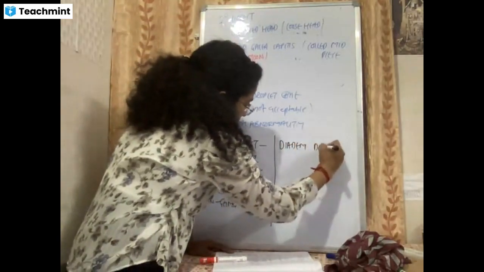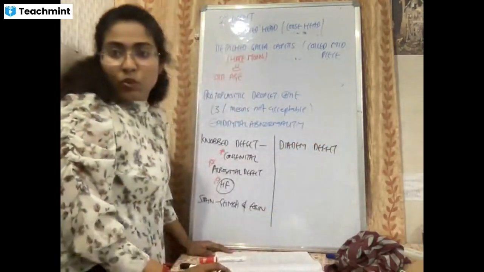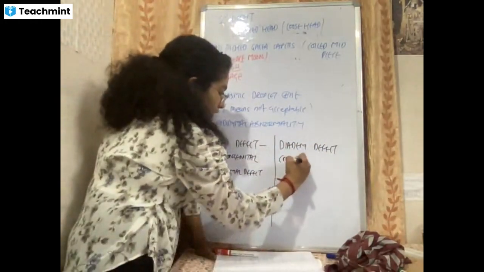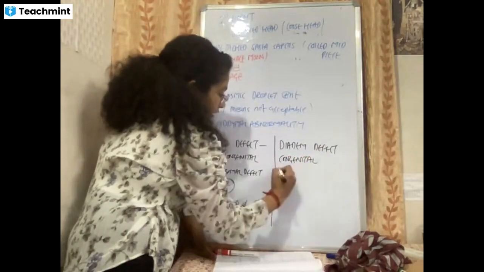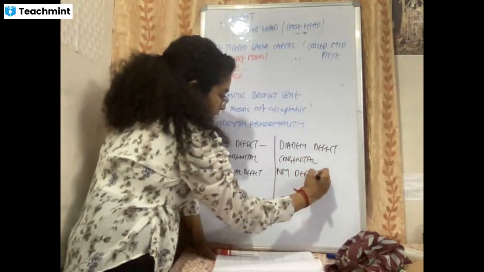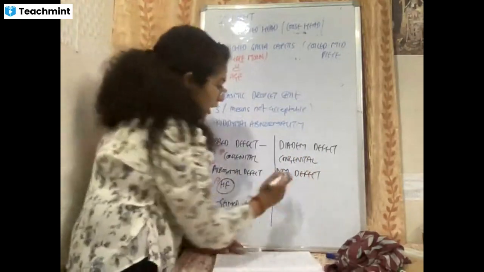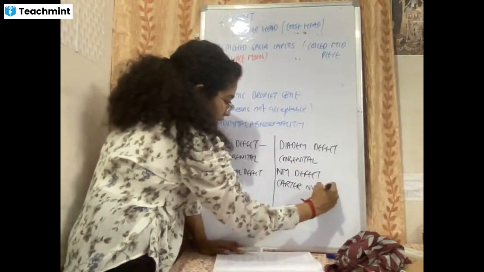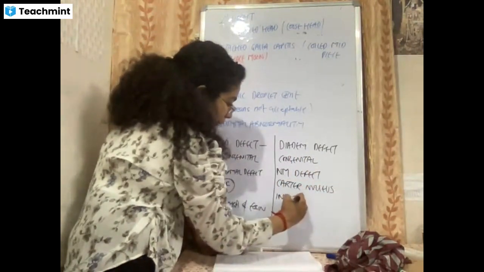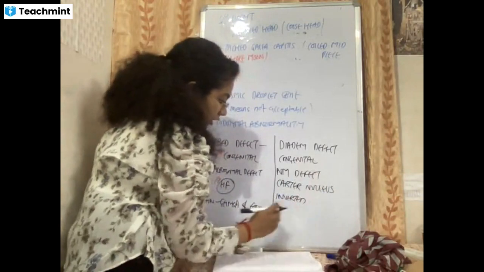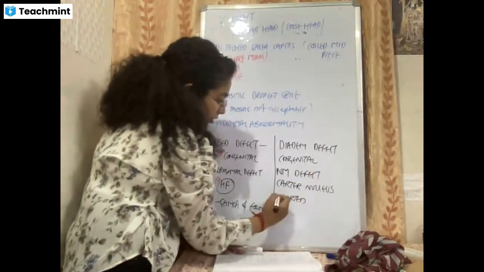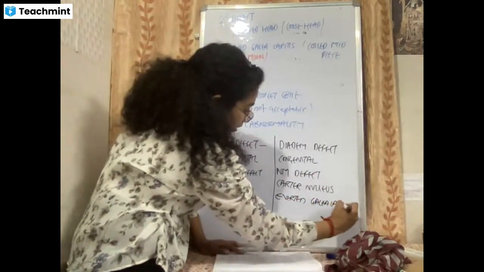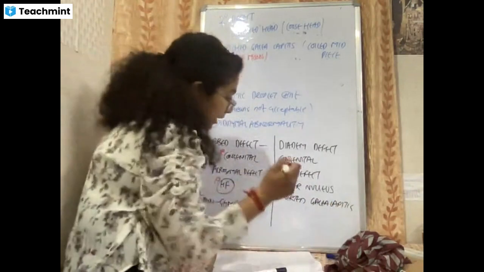Now the next defect is the diadem defect. In this diadem defect, this is again congenital, but this is a nuclear membrane defect. You have to remember it is a nuclear membrane defect. In this, we get the Carter nucleus, we get everted Galea capitis, and most important, the beaded appearance.